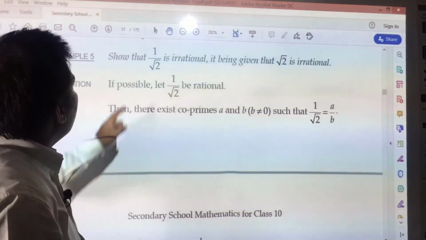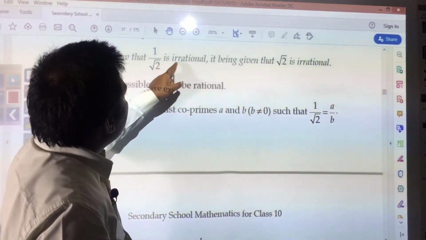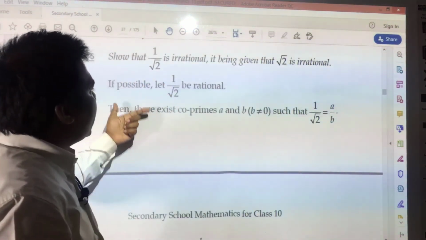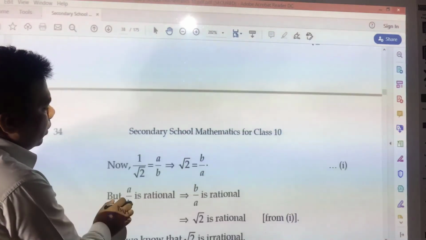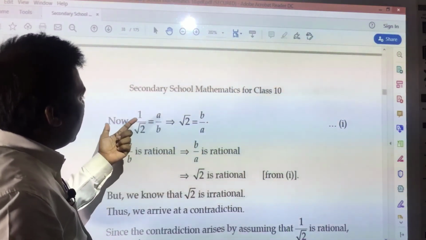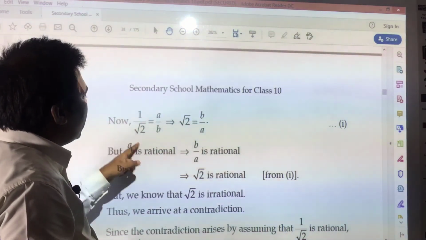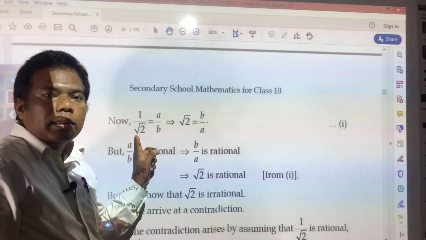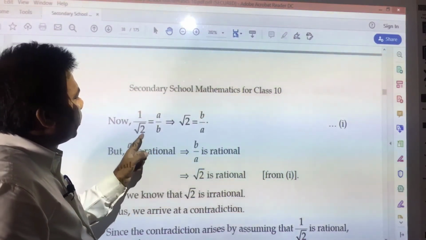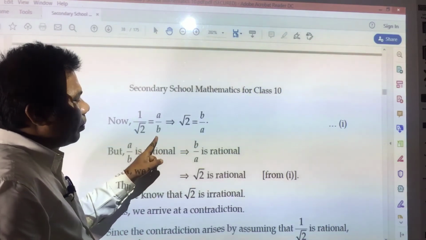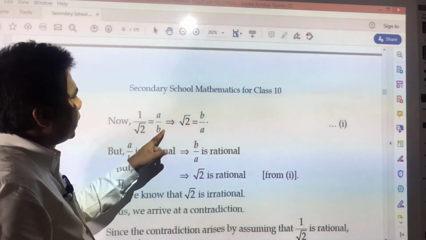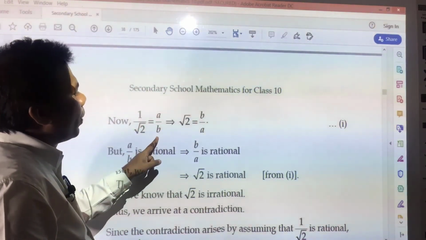Next you see, show that 1 by root 2 is irrational, it being given that root 2 is irrational. In the same way, this is also required to be simplified. I hope you are understanding. You just need to understand, if any number you are assuming is rational, it means that can be expressed in the form of a by b, where a and b are non-zero integers and they are co-primes.